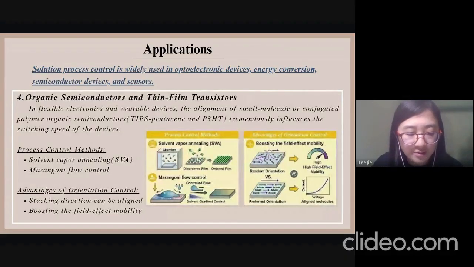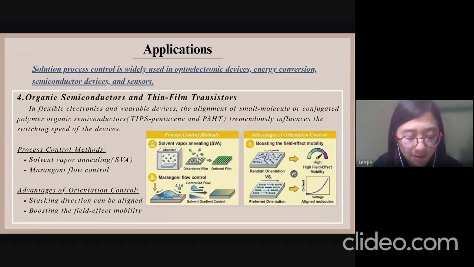Organic semiconductor and thin film transistor. In flexible electronics and wearable devices, the alignment of small molecule or conjugated polymer organic semiconductors, such as TIPS-pentacene and P3HT, tremendously influences the switching speed of the device.